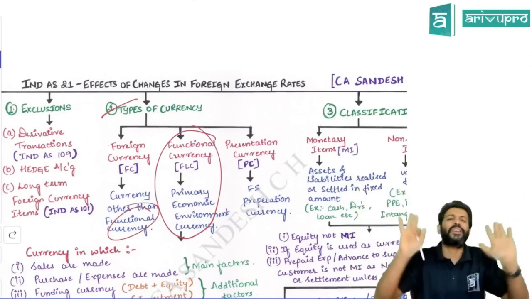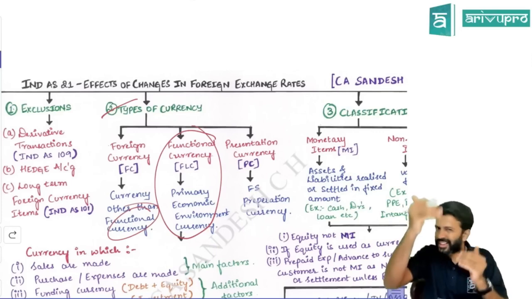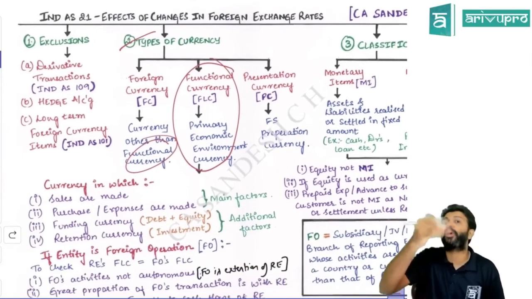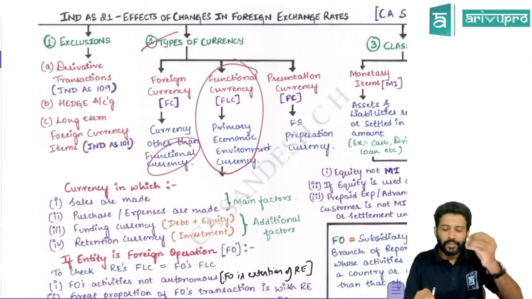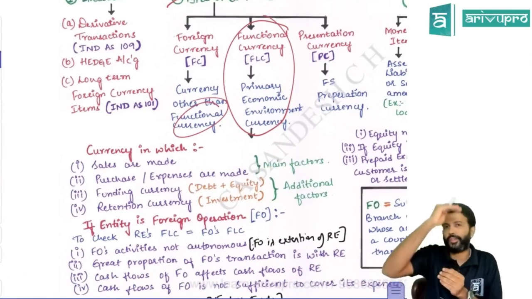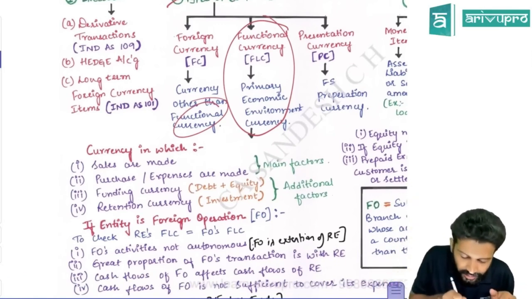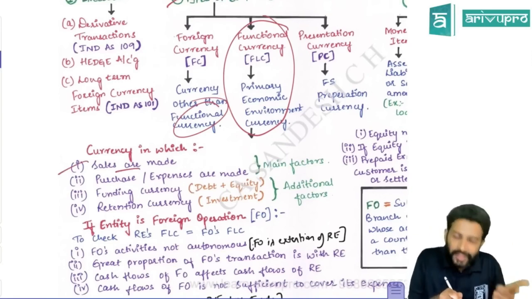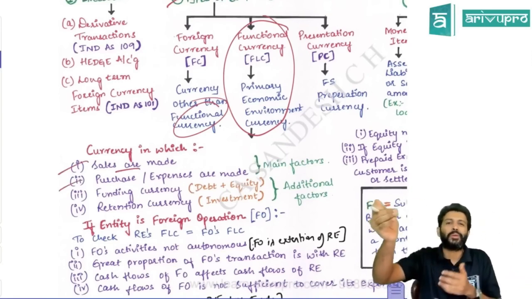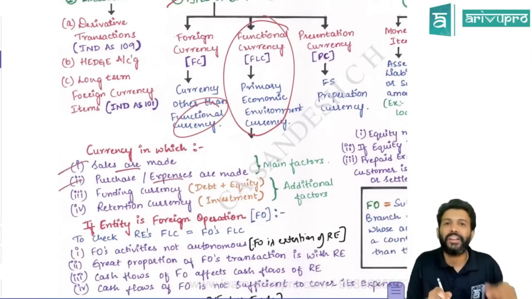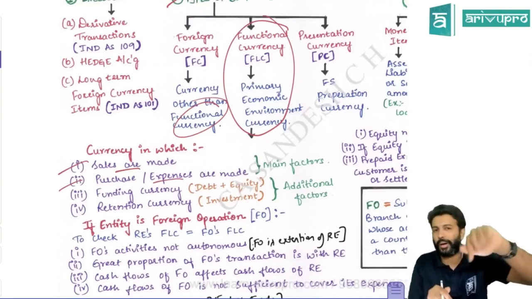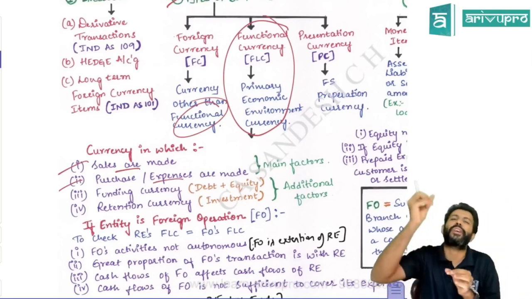Functional currency means the currency in which you basically operate. There are certain indicators through which you can decode your functional currency. The first two are primary indicators, and the others are secondary indicators. First, functional currency is the currency in which sales are made. Second, it is the currency in which purchases and other costs are incurred. So the currency in which you make your sales and incur your costs is your functional currency.